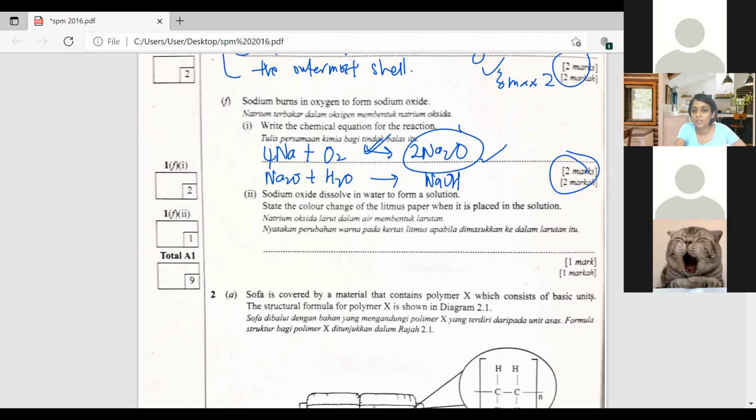But read the question. What is the color change on the litmus paper when it is placed in the solution? Farisha, if I put in a litmus paper, what will the color change be?